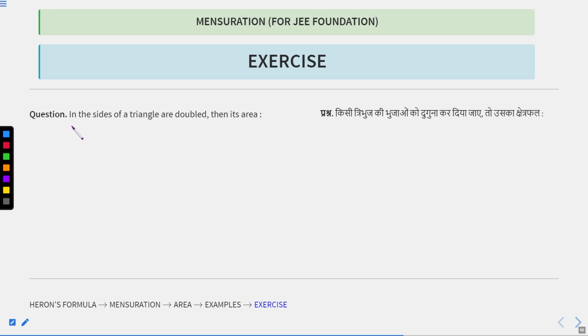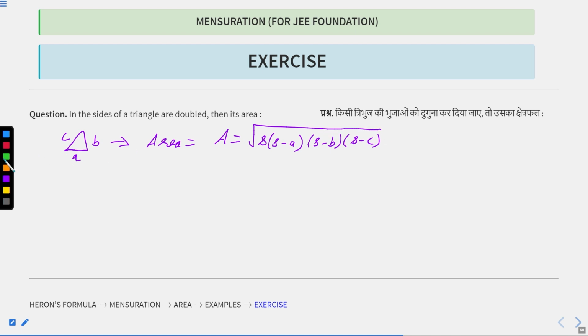This question says: if the sides of a triangle are doubled, then its area? So we have a triangle with sides A, B and C, and its area, by Heron's formula, is the square root of S times (S minus A) times (S minus B) times (S minus C). Now if the sides of the triangle are doubled, the new triangle would look bigger in size like this, with sides 2A, 2B and 2C.